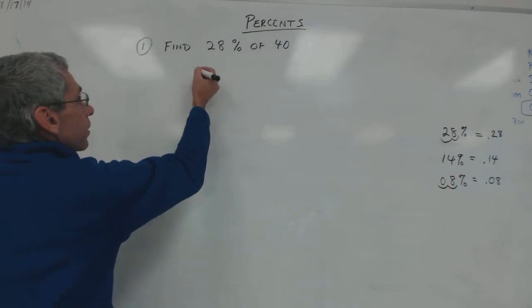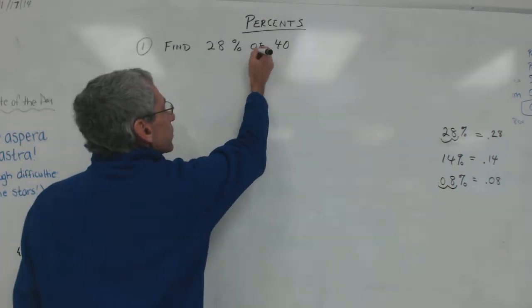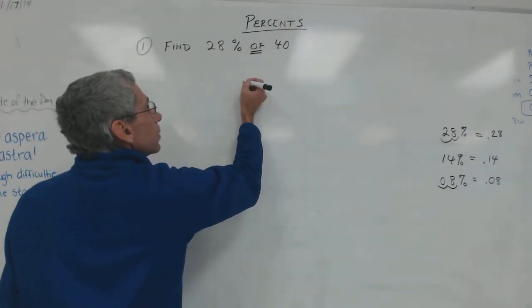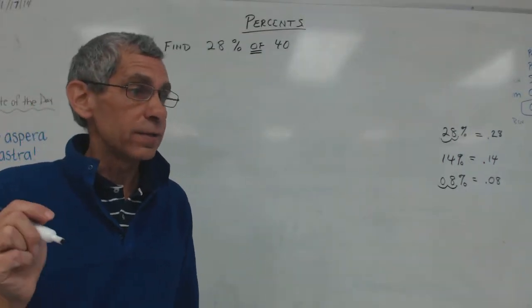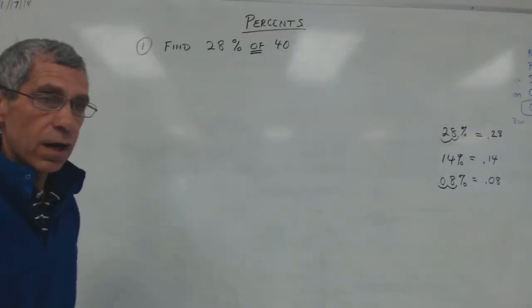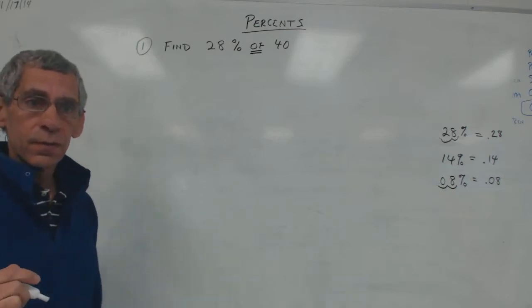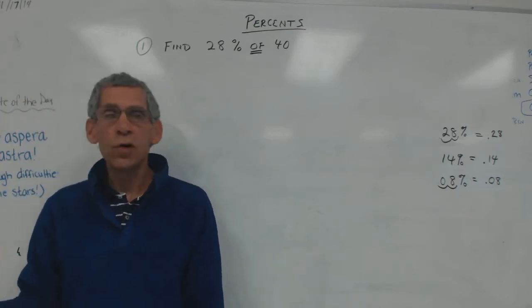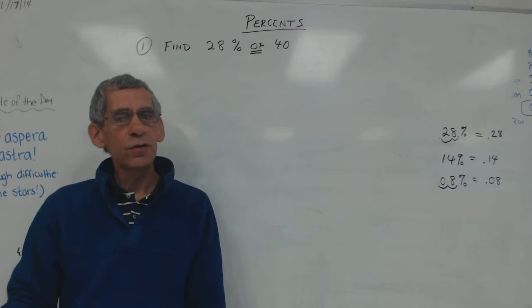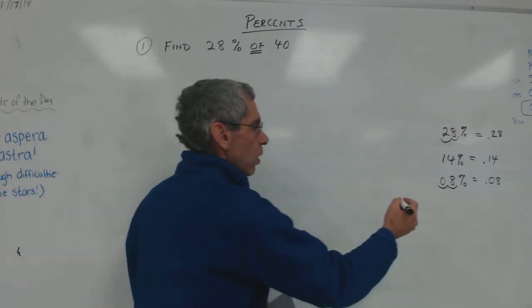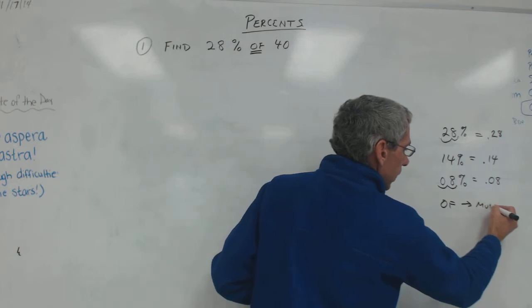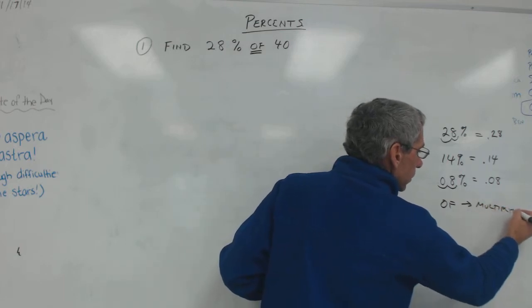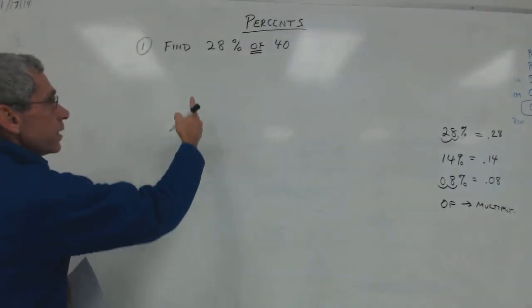So what does "of" always mean in math? Equals? No, that's "is." Is, was, will be is equals. What's "of"? Multiply. Whenever you see the word "of," it always means multiply. Always. So that makes this really easy.